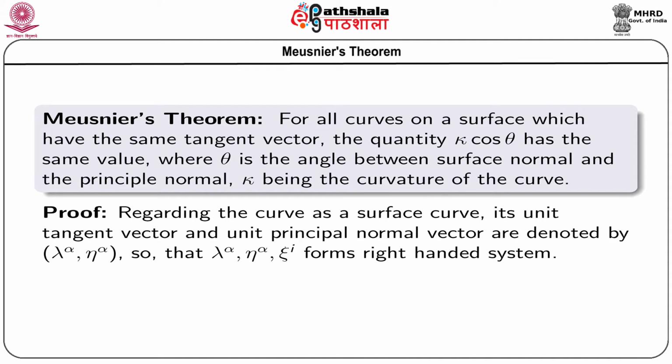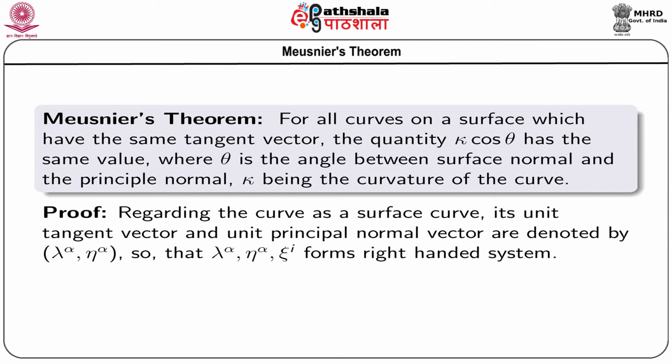If we consider the curve as a surface curve, its unit tangent vector and unit principal normal vector are denoted by lambda alpha, eta alpha. So, lambda alpha are the components of the unit tangent vector and eta alpha are the components of the unit principal normal vector.